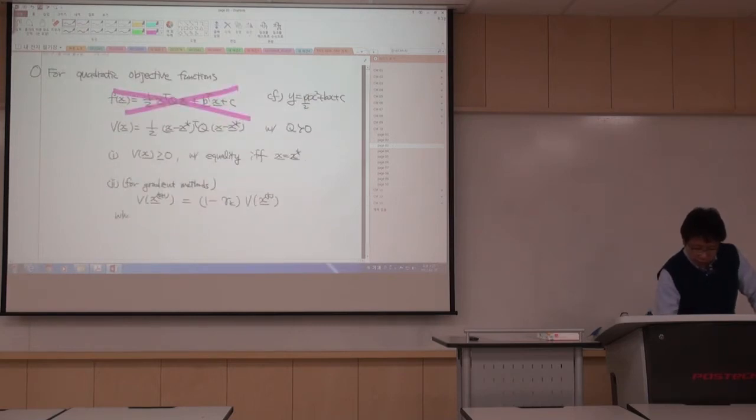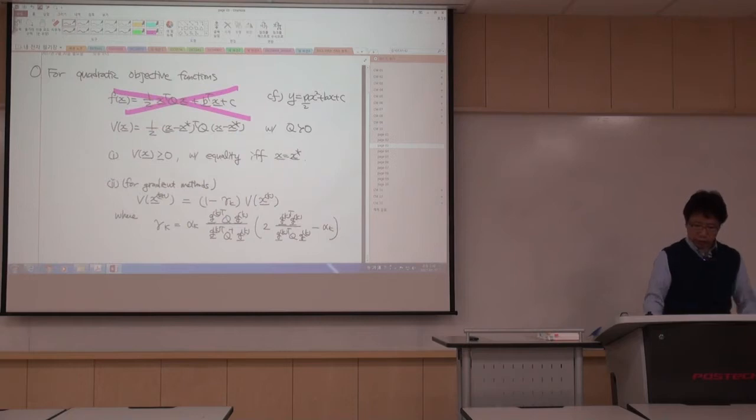Where gamma sub k equals alpha sub k gk transpose Q gk divided by gk transpose Q inverse gk times 2 times a little bit different quantity, transpose Q gk minus alpha k.